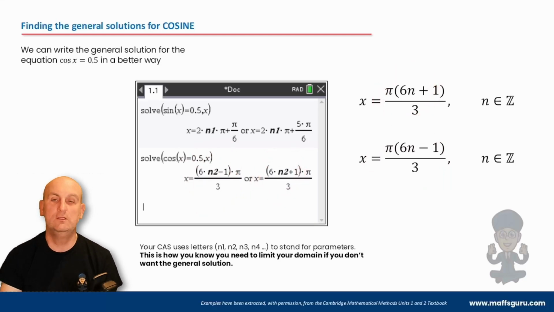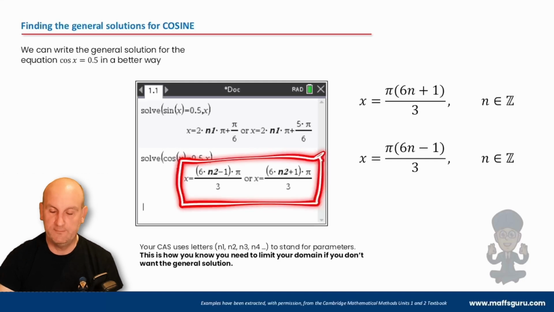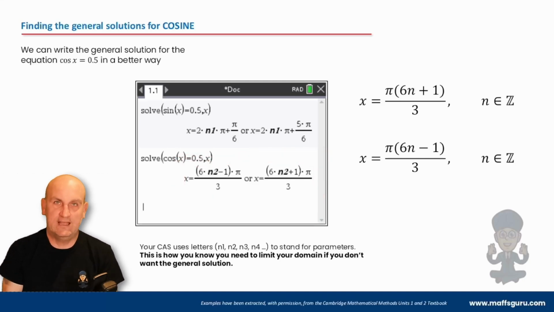So actually, your calculator, believe it or not, was trying to help you. Because when you don't put your domain in, your calculator actually spits out the general solution for you. Yes, this is a parameter. It just means that that's a value that you get to change. Okay, so again, they've put n in here.